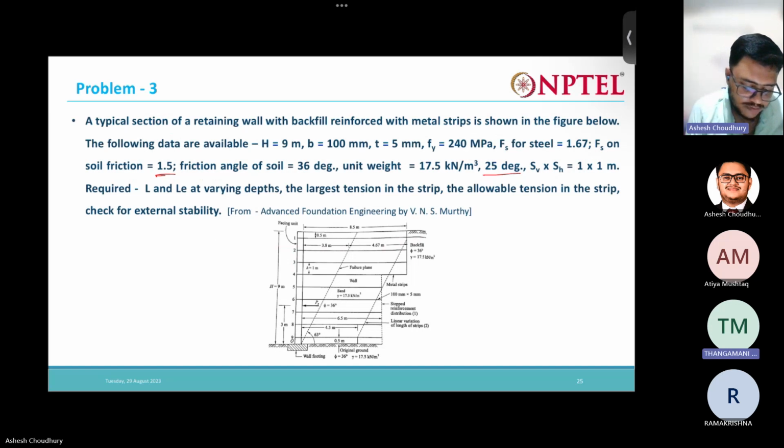Each of these facing blocks is 1 meter height, and the first strip is placed 0.5 meter below the top surface. The spacing between the strips is kept at 1 meter, and the first and the last strips are 0.5 meter from the ground levels.